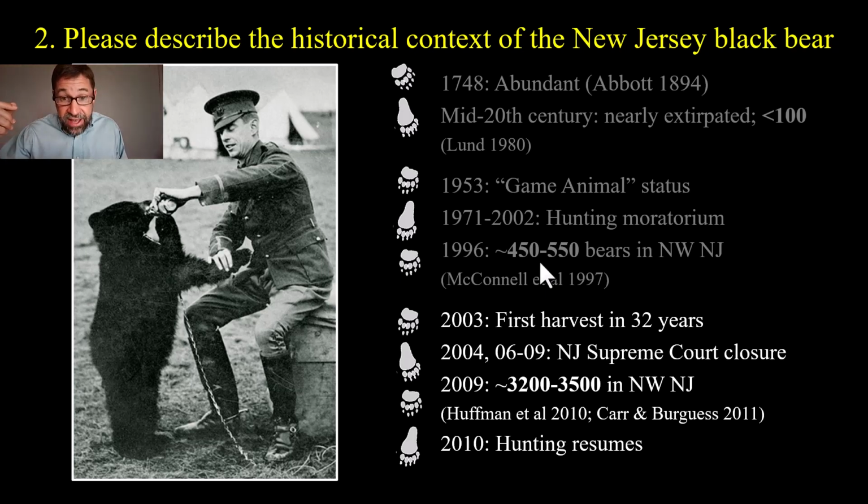So in an attempt to curb this population growth, the New Jersey Division of Fish and Wildlife, or NJDFW, offers their first regulated black bear harvest in 32 years in 2003. However, there's a certain vocal segment of the population that goes into an uproar. They petition the New Jersey Supreme Court, and the Supreme Court shuts it down in 2004.